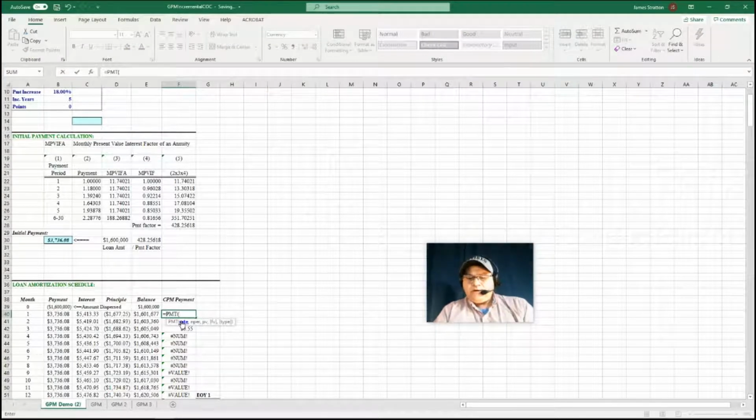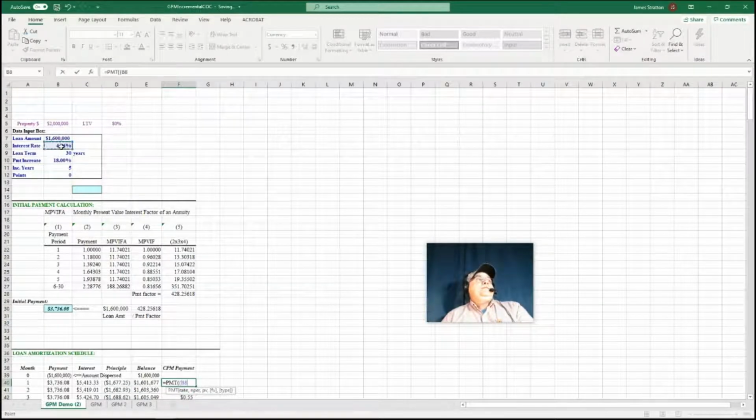Payment. B8 divided by 12. B9 times 12. And then we have negative B7.